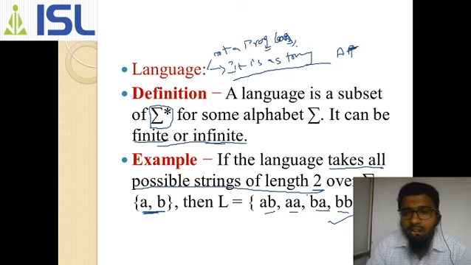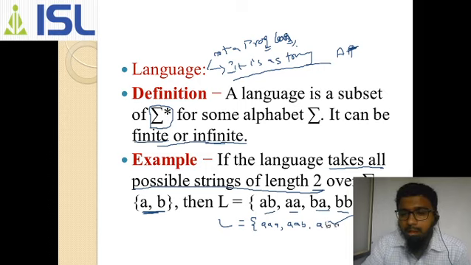If we say the length is 3, what will be the language? AAA, then AAB, then ABA, then ABB, and so on. We will get all the possible solutions.